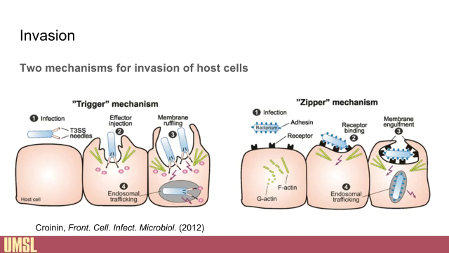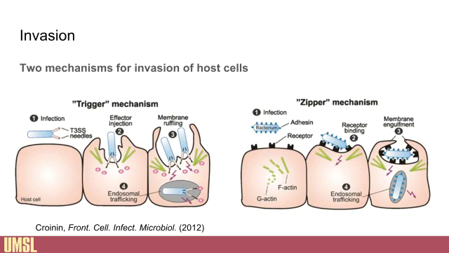The zipper mechanism interfaces with the host surface receptors. What do you say the trigger mechanism is? They deliver what are called effector proteins. We'll see what some of these effector proteins do in a minute. But if you remember, there were three of the six specialized secretion systems we talked about that are able to deliver proteins from the bacterial cytoplasm into the host cytoplasm, right?